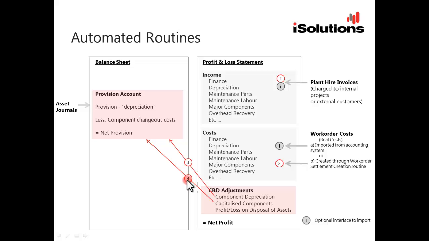So again, with 3 and 4 operating, you shouldn't have to do any day-to-day journals to maintain that provision account. It's really at a month end, you're looking at the aggregated picture and saying, does it align?